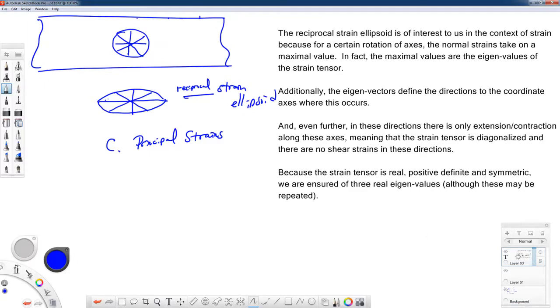Now, the derivation of it being shown to be an eigenvalue problem to determine principal strains, the maximal values of the reciprocal strain ellipsoid, is in our book, and they use a Lagrange multiplier technique and some additional analysis.